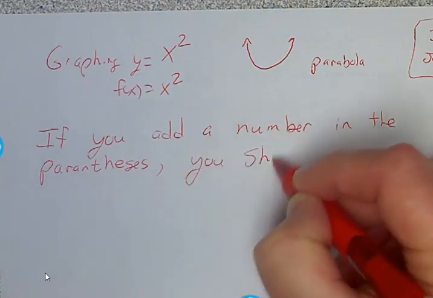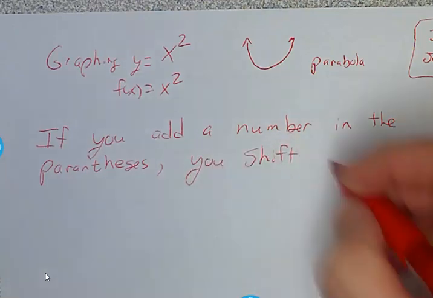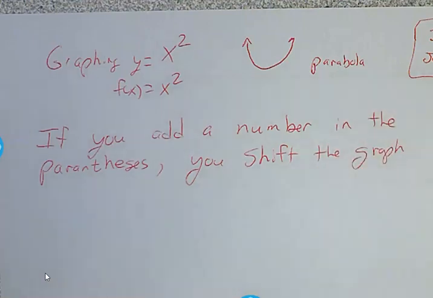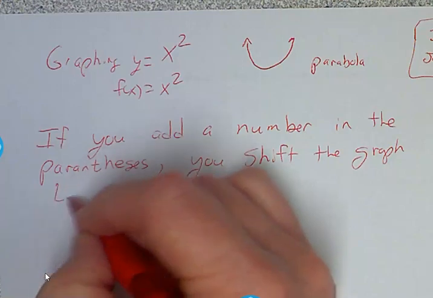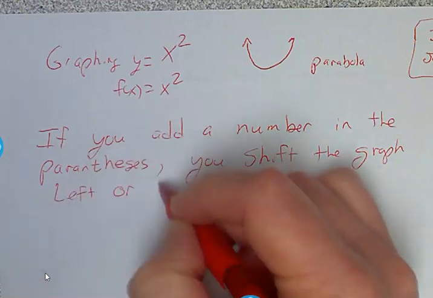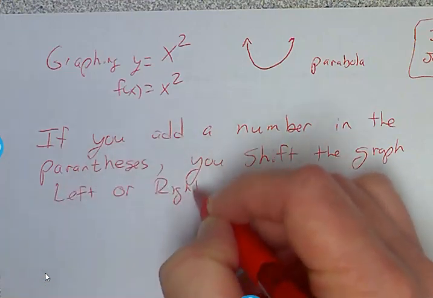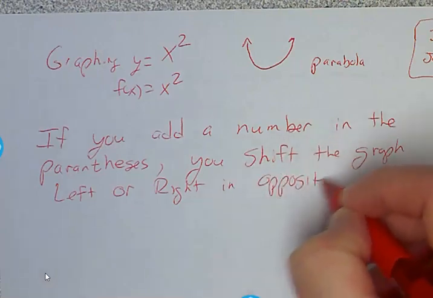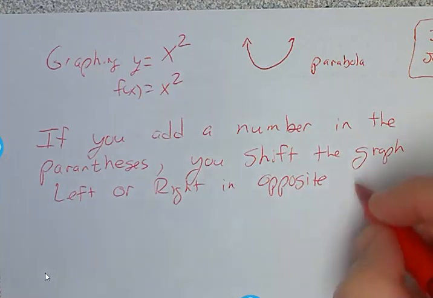Then you shift the graph left or right. Okay, and just like with absolute value, if we had a number inside the absolute value, we're going to move this thing in the opposite direction.